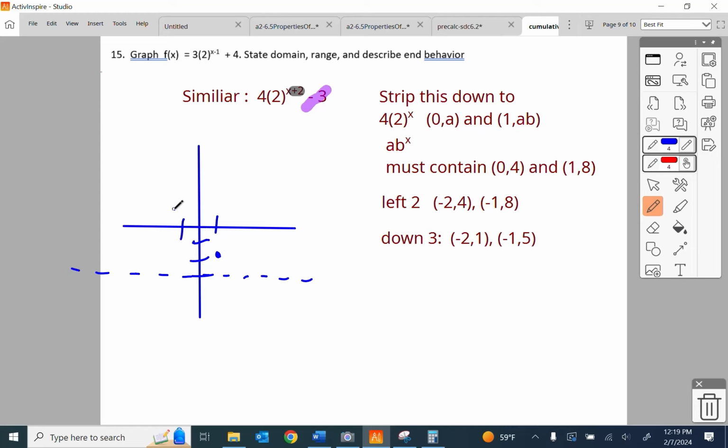Negative 1, 5, which is actually something seems incredibly wrong here.